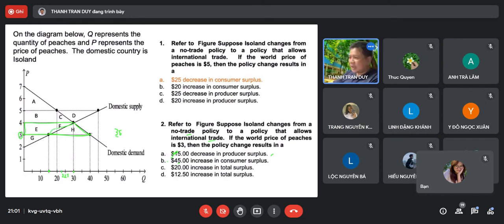Total surplus gain X. How much is X? 1 multiplied by 25 divided by 2 will be 12.5. So the best answer in this one is D. D, the best answer.